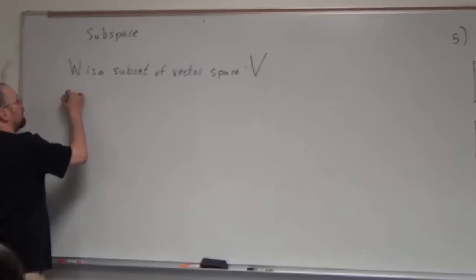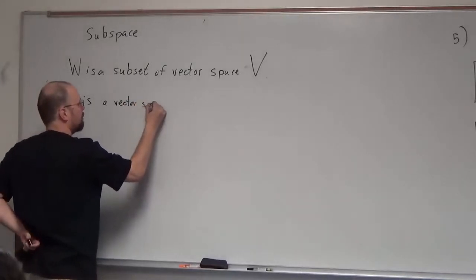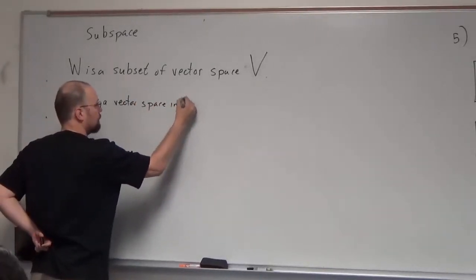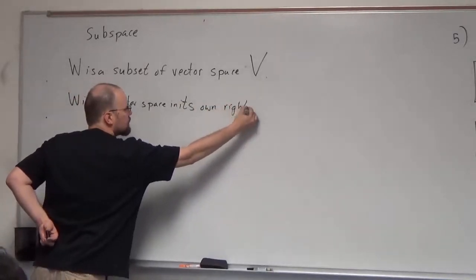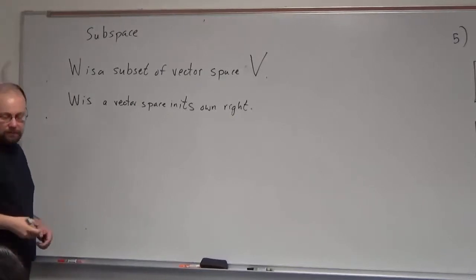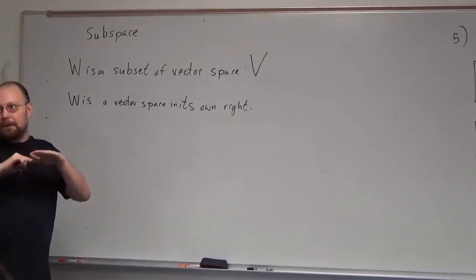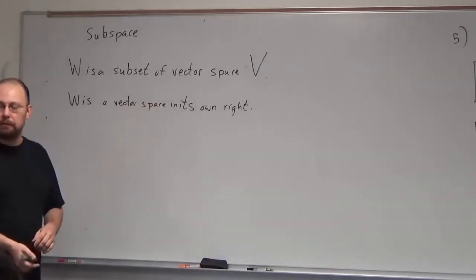And number 2, W is a vector space in its own right.